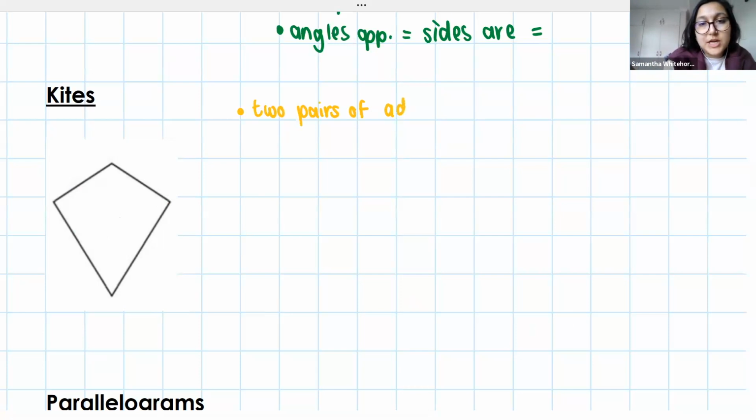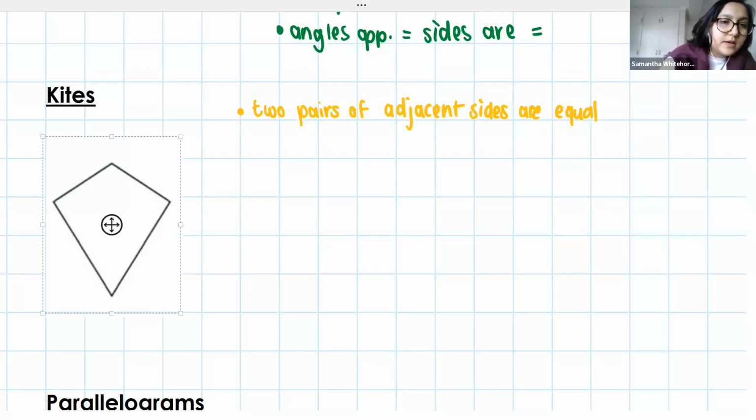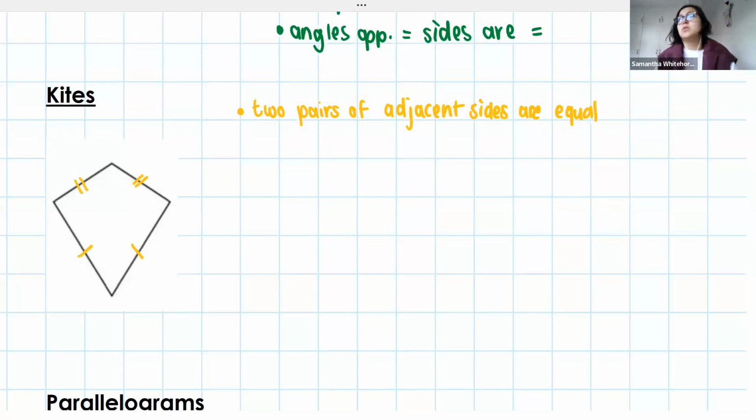Now, guys, remember adjacent means next to. So many words, right? And so these two sides are equal, and they're also adjacent to each other. And those two sides are equal, and they are also adjacent to each other. Right, so we've got two pairs of adjacent sides equal.